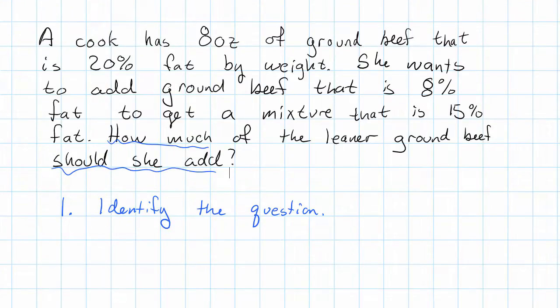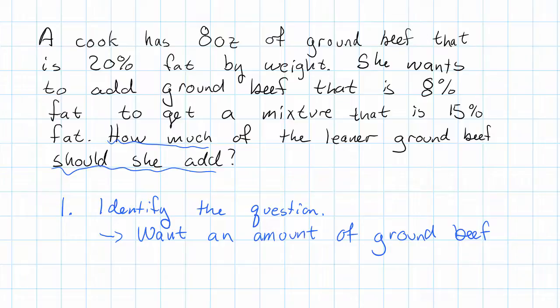So we're looking for an amount of ground beef. Looking at the rest of the story again, it's probably going to be some number of ounces of ground beef, since we're identifying an amount of ground beef in ounces a little bit earlier. Let's give that a name.